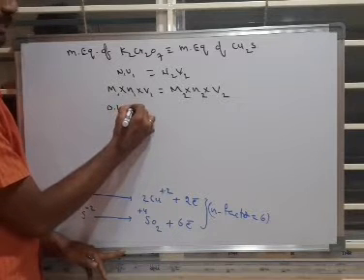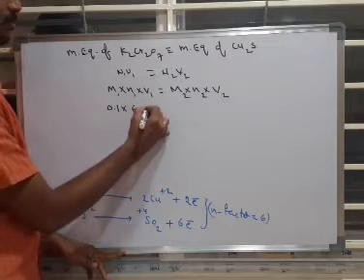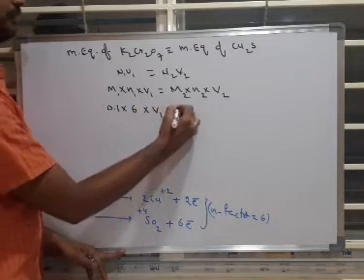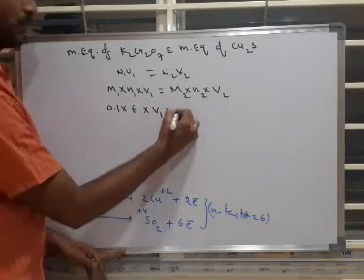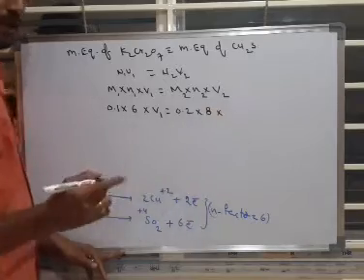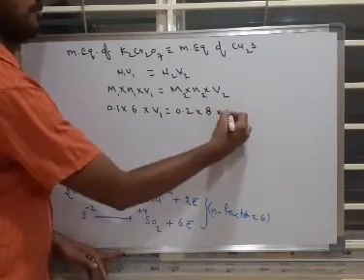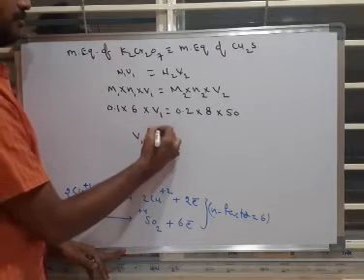What is the n factor for it? We know it's 6. Next, we have to find the volume. What is M2? The molarity given for it is 0.2 M. What is the n factor for it? 8. And the volume given in the problem is 50 milliliters of cuprous sulfide. Simply we have to find V1.